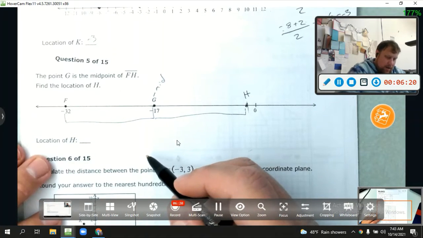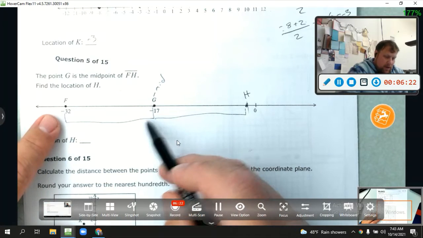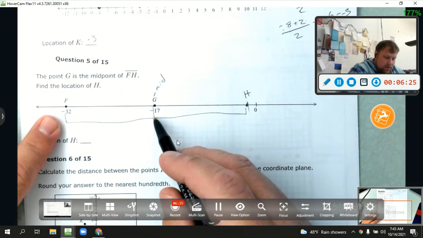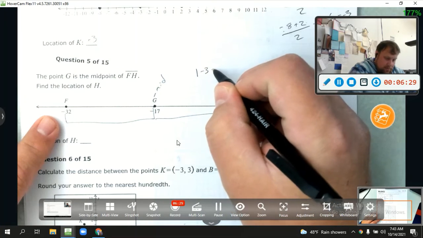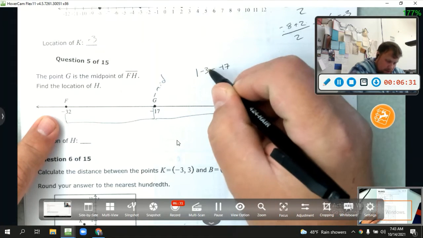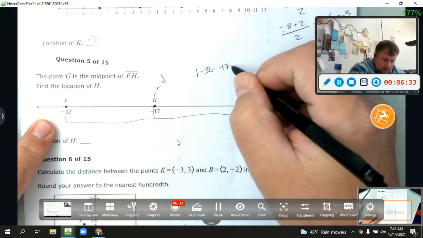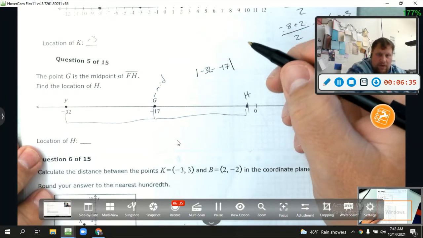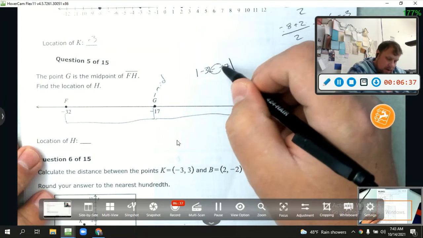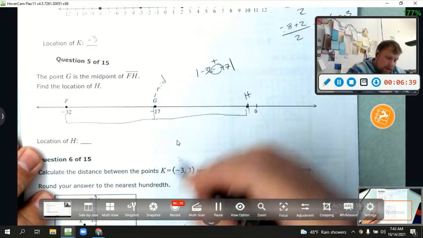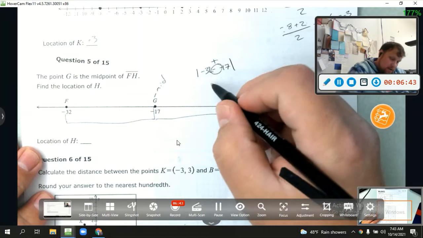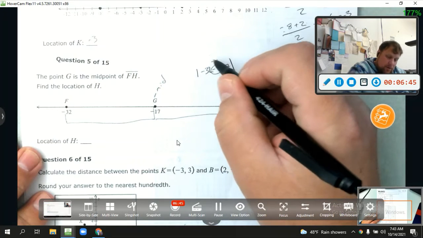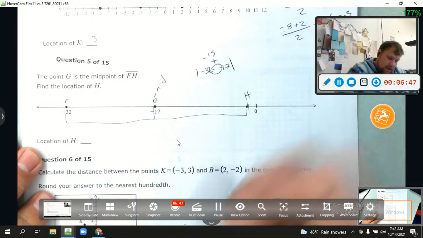All right, so let's use our distance formula to find the distance between negative 32 and negative 17. I'm going to say negative 32 minus negative 17, and take the absolute value of that for the distance formula. Two negatives make a positive, right? So I have negative 32 plus 17, which is negative 15.